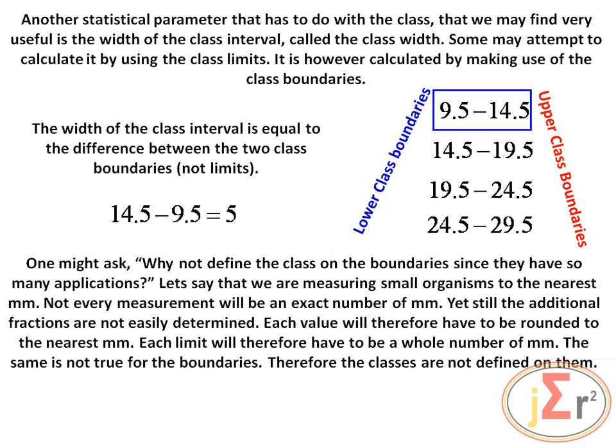Therefore, the classes are not defined on the boundaries. They are not defined on the boundaries because when you measure, you are not going to get a precise number of millimeters. You will get in between sometimes.